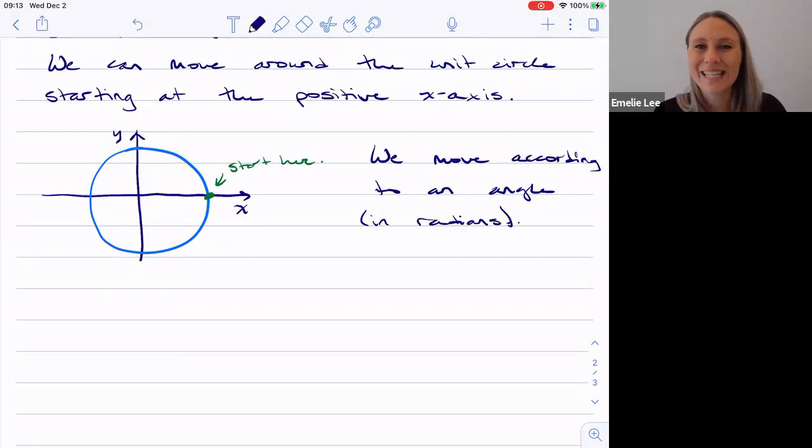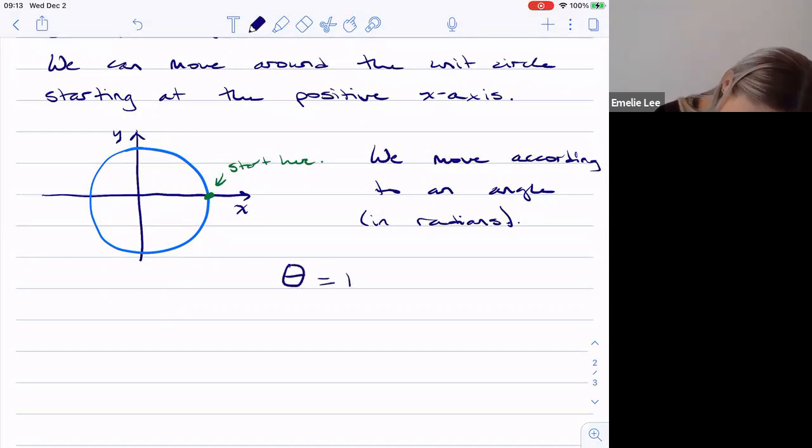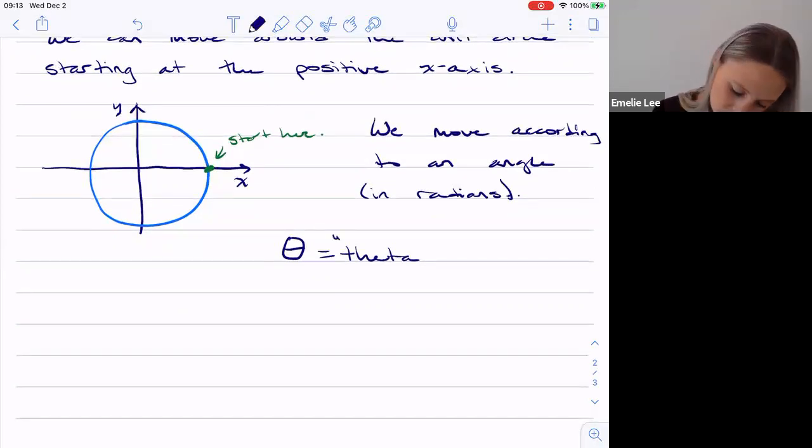So if we let t, or theta, whichever you prefer, often angles are denoted by theta, which is the Greek letter theta. And it looks like this, right?